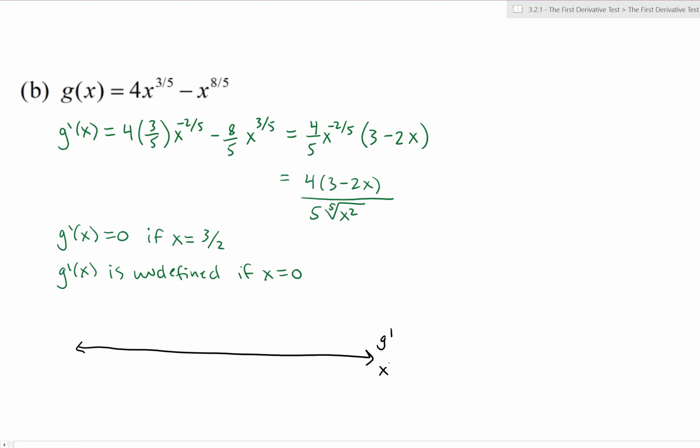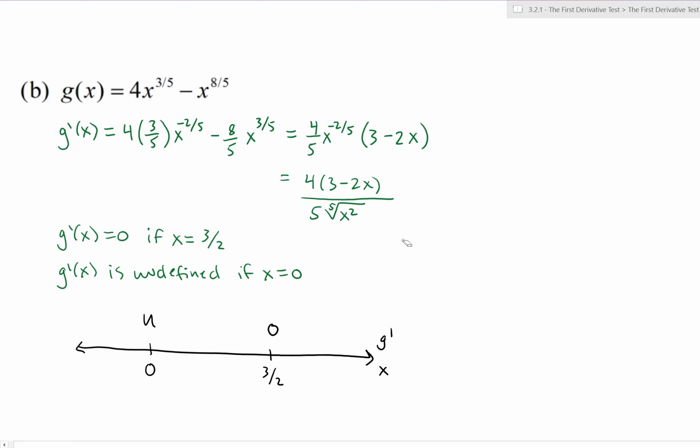So here's another sign chart for g prime in terms of x. Maybe here is x equals 0. We know that at that location, I'm just going to use a u like this since the derivative is undefined. And at 3/2, I know my derivative is 0. So we do some analysis with the signs here, right? Let's use this form right there for g prime.